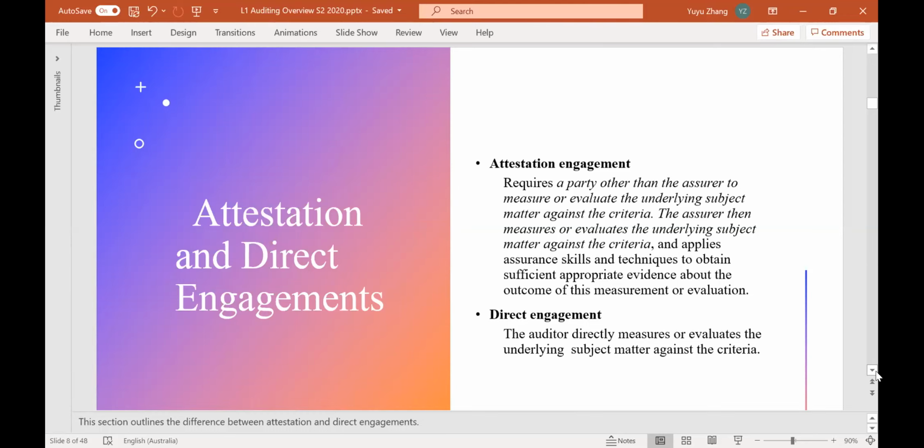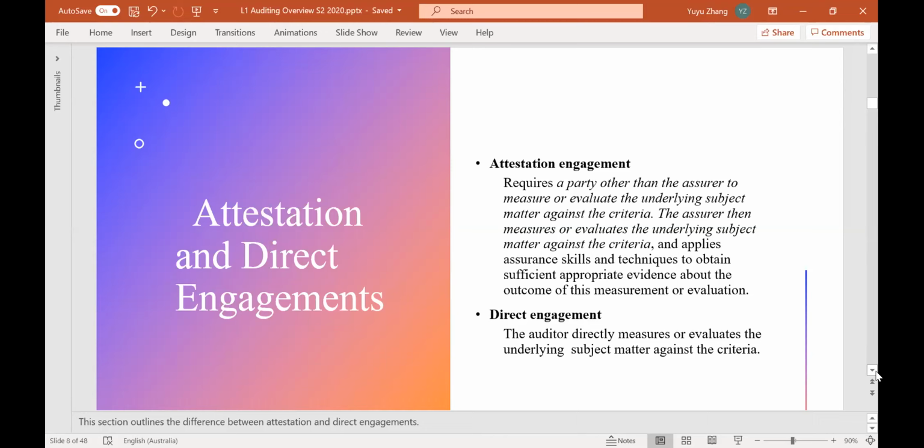Otherwise, you come to the company, you get the financial statement prepared by the management, and then provide assurance over the financial statement. So in the former example, that is direct engagement.